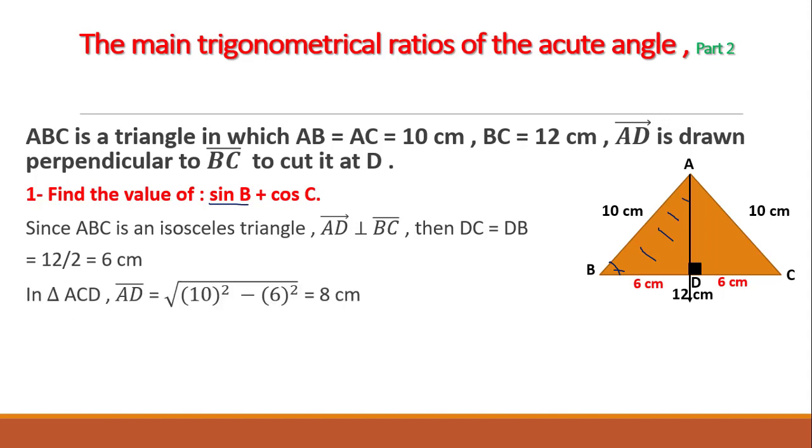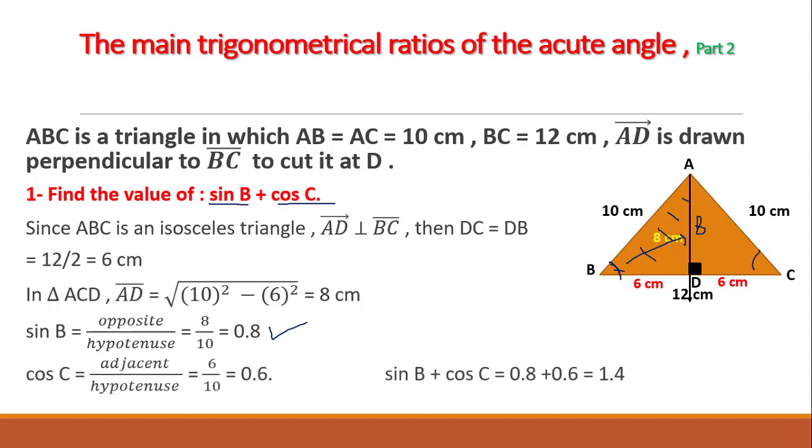AD will be 8 centimeters. So I can get sine B, opposite over hypotenuse, 8 over 10, which is 0.8. I can also get cosine C, adjacent 6 over hypotenuse, so 6 over 10, which is 0.6. So this is sine B and this is cosine C.